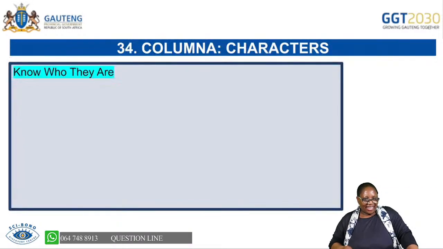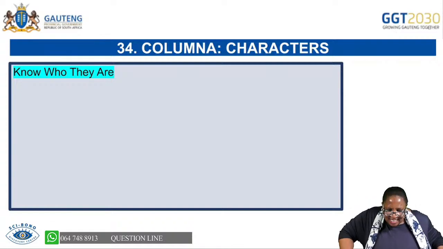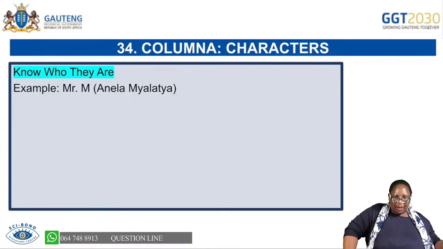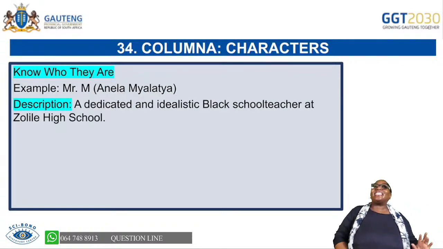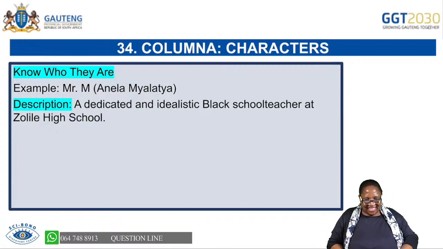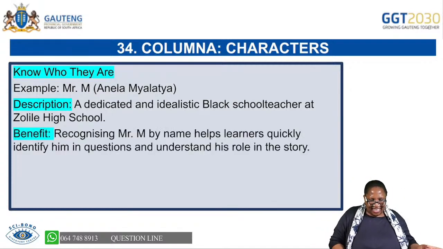Good. Welcome back. Do you know who they are? Example, let's look at Mr. Anela Mhlanga. Do you know who he is? Description: he is the dedicated and idealistic black school teacher at Zolile High.